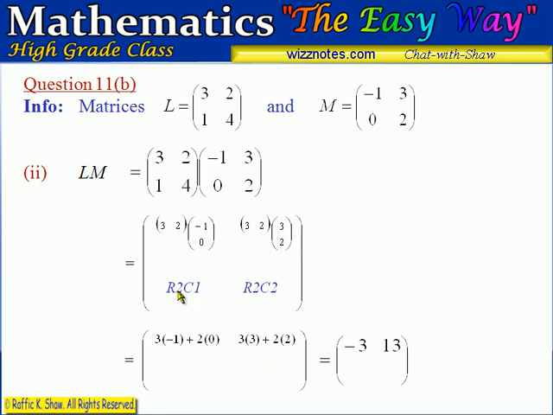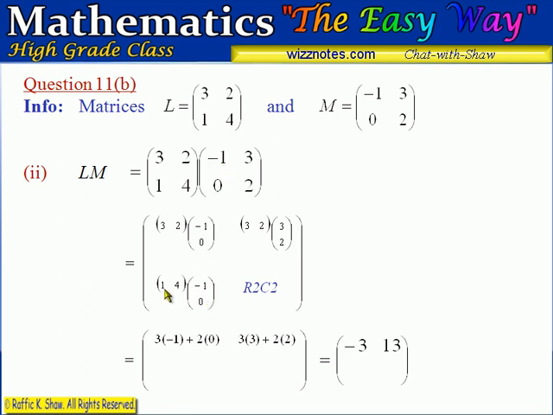Okay? And then this element is in the second row and the first column. Row 2, column 1. So it means we multiply this second row by this first column. So let's show the matrices here. We are multiplying 1, 4 here with -1, 0 here.